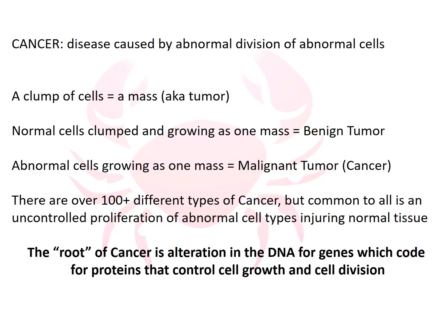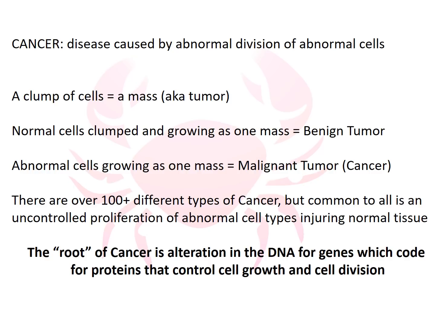Remember, when we have a clump of cells growing together, we can refer to that as a tumor. Normal cells which are clumped and growing together as one mass, we refer to as a benign tumor. We'll see this more when we talk about skin next week. There are a lot of benign tumors of skin.